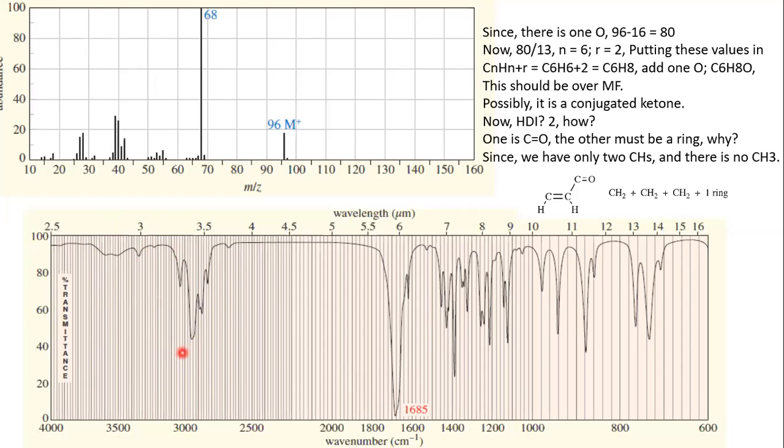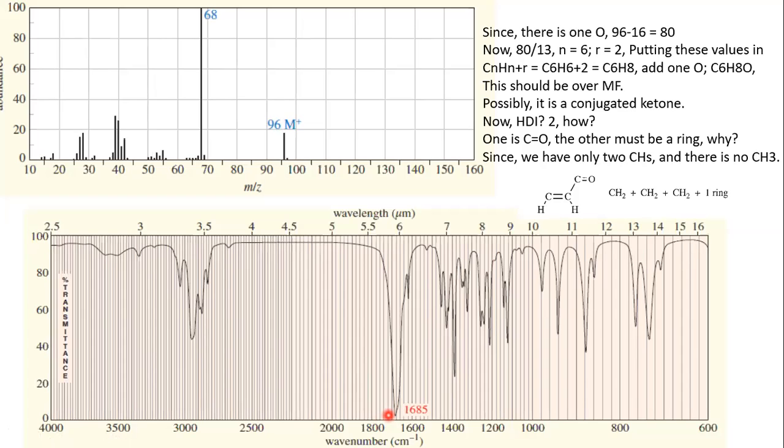Do we have the possibility of having an amide? We know that amide carbonyl is present somewhere here, but in that case, we should have some other things in our molecule.